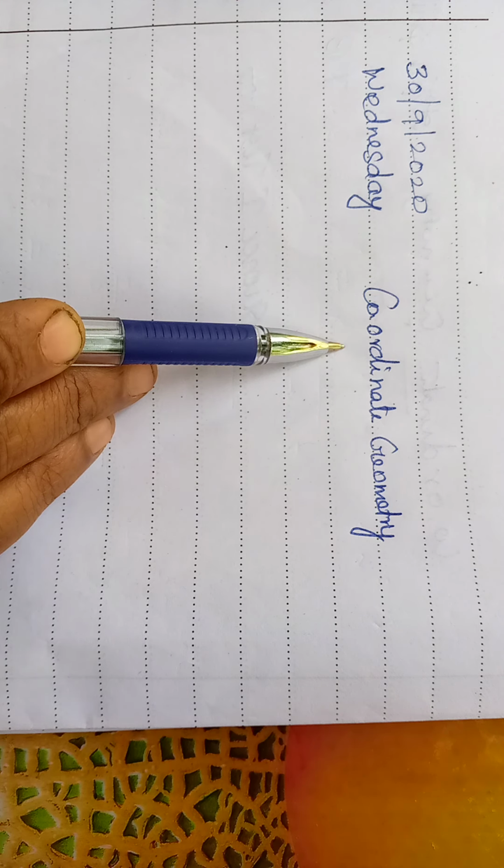We can write numerator E minus C the whole square by denominator. The square is common for numerator as well as denominator, so 2 square we have 4, plus in the same way F minus D the whole square by 2 square is 4.